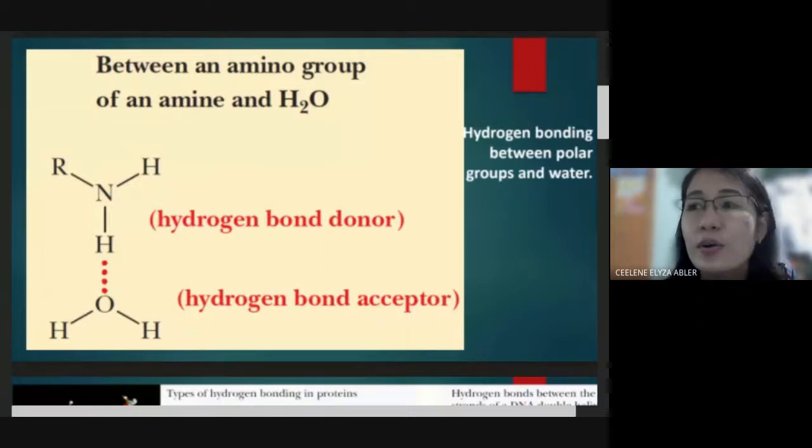Okay? So very useful siya because we use it as yung pagpapalabas ng ating urea. Sa humans kasi class, meron tayo yung urea. Familiar ba mo uric acid? Urea is actually the byproduct of protein metabolism.